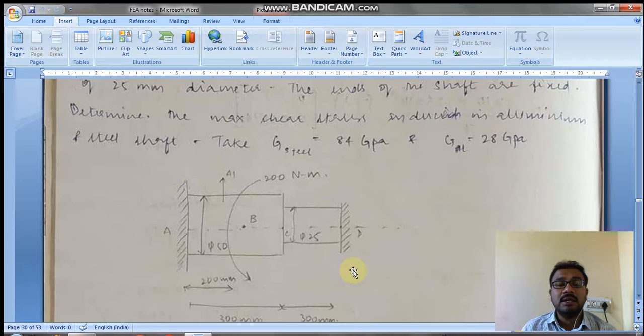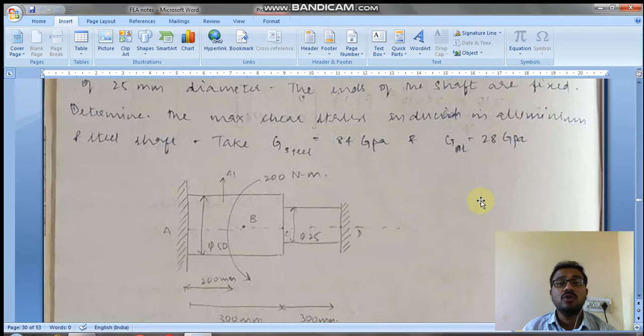It is a little tricky, in that they have given the rigidity modulus for these two elements separately. The value given for steel is 84 gigapascal and for aluminium it is 28 gigapascal.